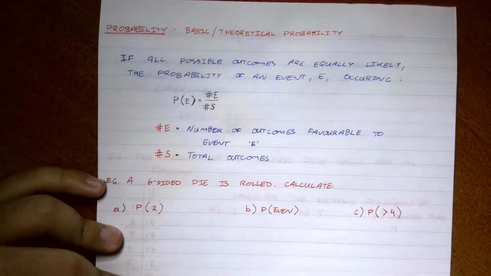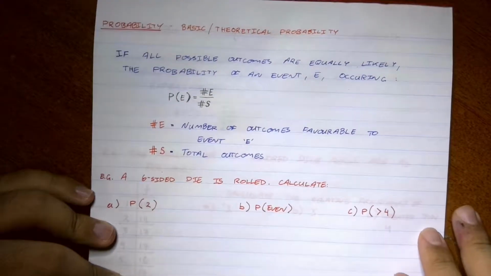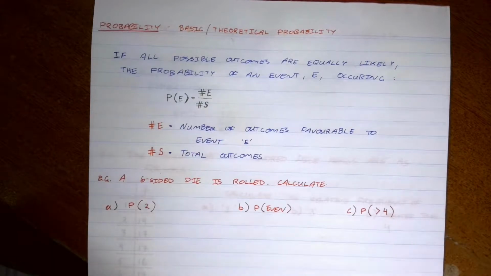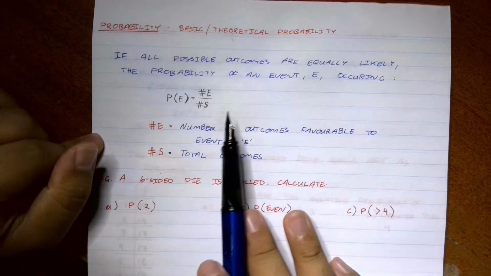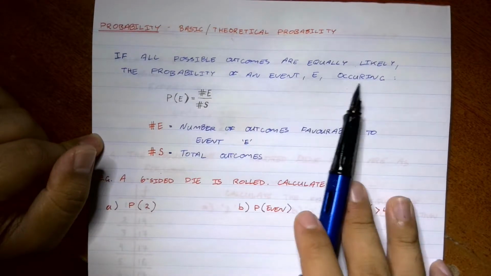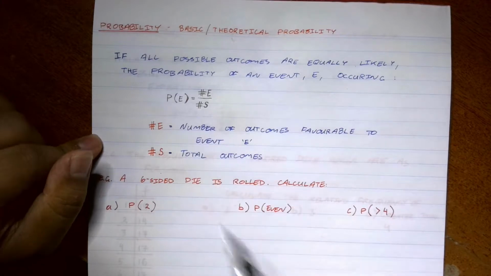So now, if all possible outcomes are equally likely, the probability of an event E occurring is calculated as follows.